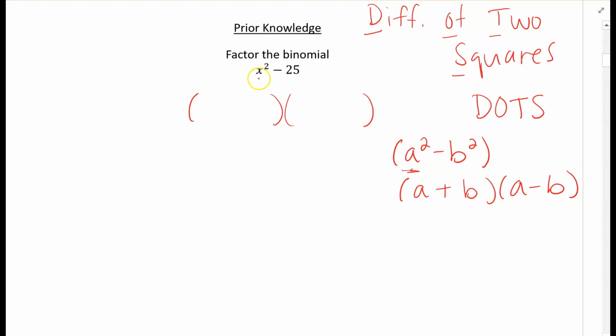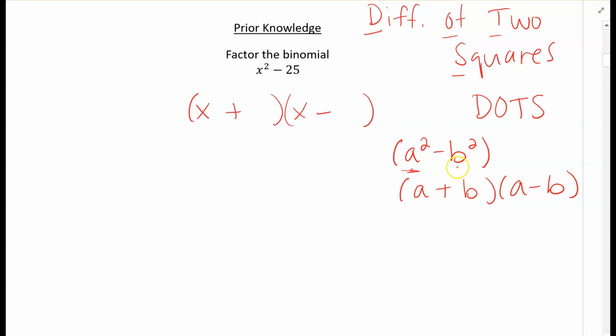So x squared is going to be x and x, and I'm going to have a plus and a minus. It doesn't matter if you put the plus or the minus first. I don't have a preference, but maybe one of your Math 3 teachers does if you do the minus before the plus. To me, it doesn't make a difference.